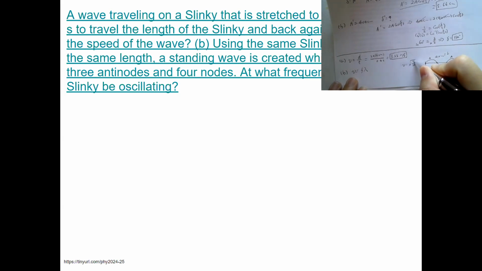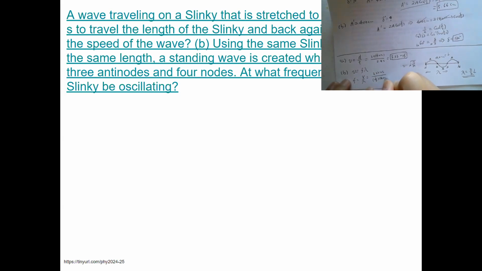If it's stretched to the same length, T is the same, so the velocity should be the same, thanks to the knowledge from the lab. Then the frequency equals velocity divided by lambda, where lambda is 2/3 of L, so 3.33 meters per second divided by 2/3 of L. You want to plug all these numbers into your calculator.